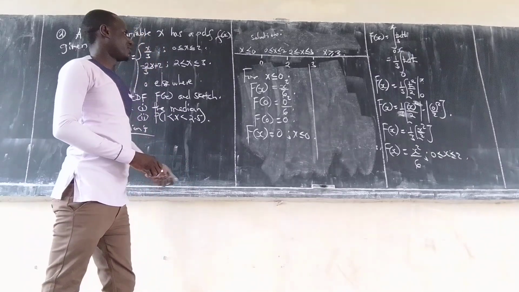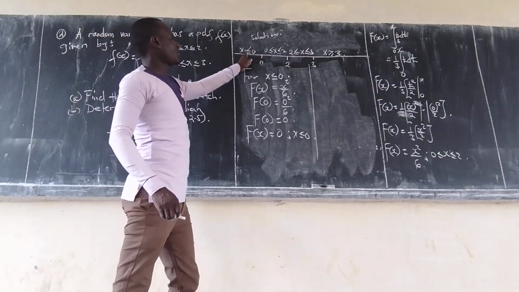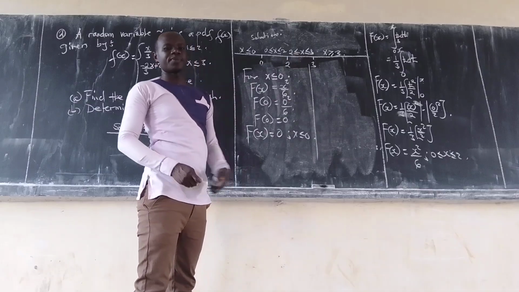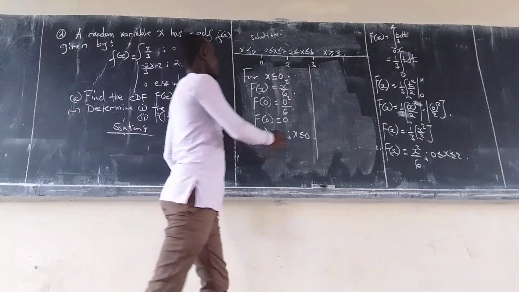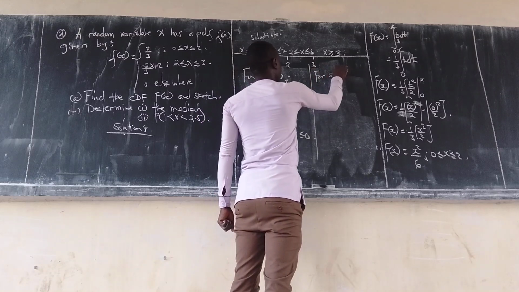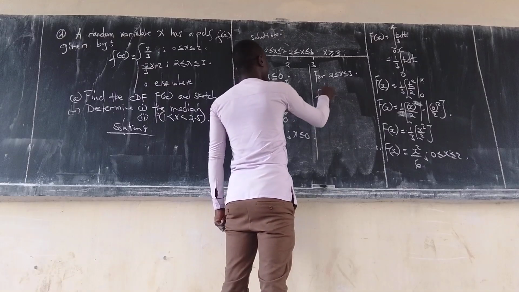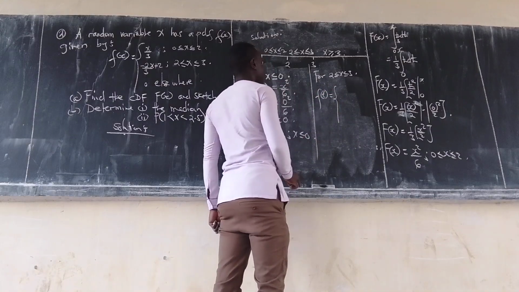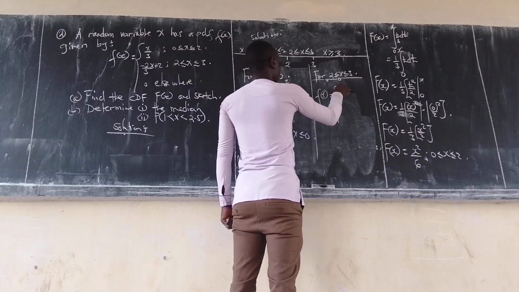After getting for this, now you can get for this. So if you want for this one, you go back to the redefined PDF. We are now on for 2 less or equal to x less or equal to 3. You recall that our f of t was t over 3.